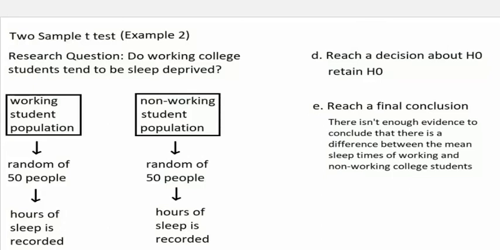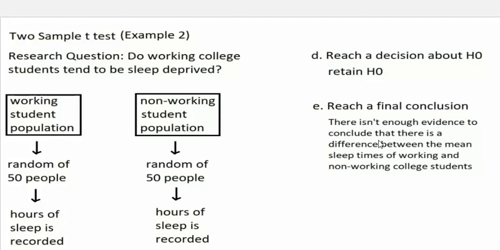And now we're finished. So if you end up rejecting the null hypothesis, your final conclusion will depend on which rejection region your t-score is in. If your t-score is in the negative rejection region, you're going to say that you're confident the mean of population 1 is lower than the mean of population 2.